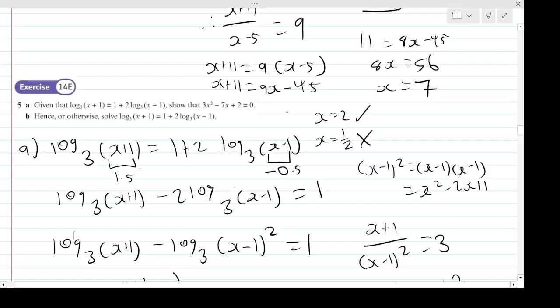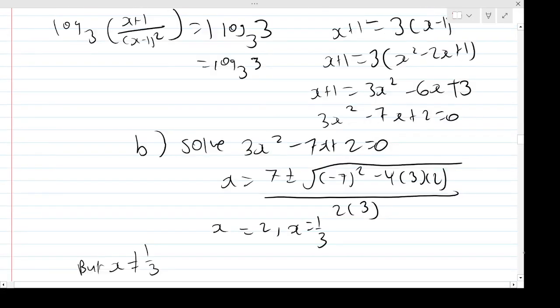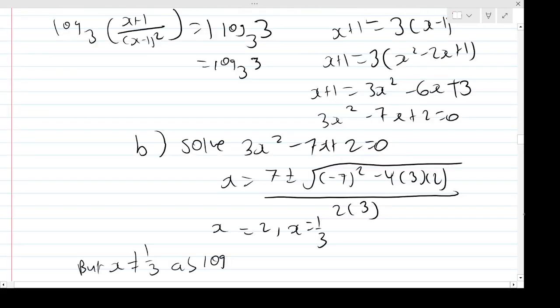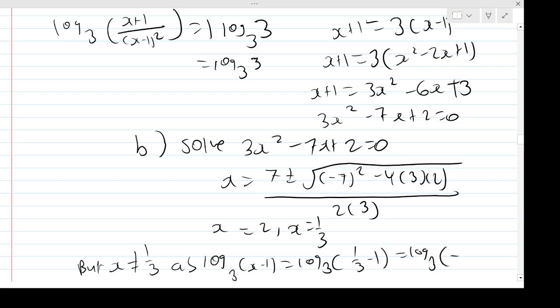If I plugged in a third instead, that would be 1.33, and this would be minus 0.66. Still negative. So x cannot be a third, as log 3 of x minus 1 equals log 3 of a third minus 1, which is log 3 of negative 2/3, which is undefined.